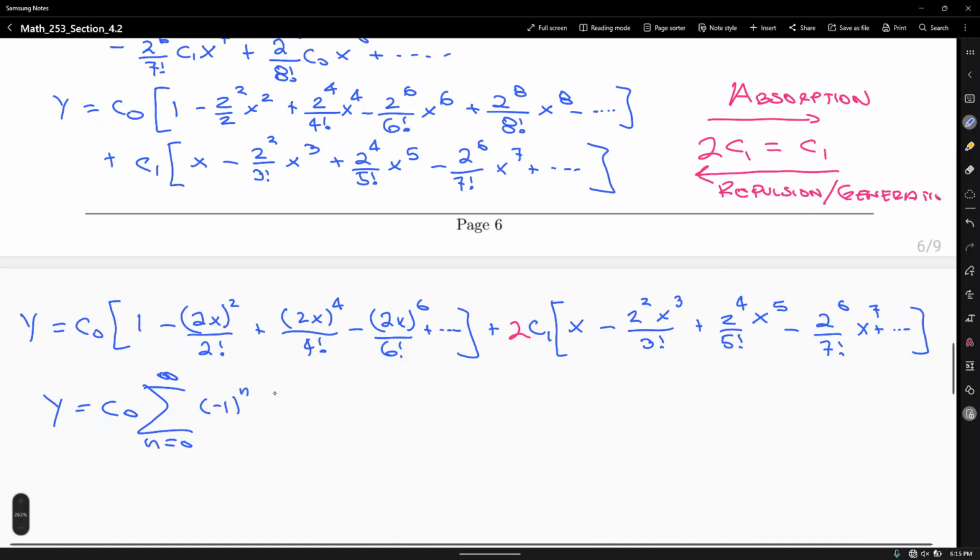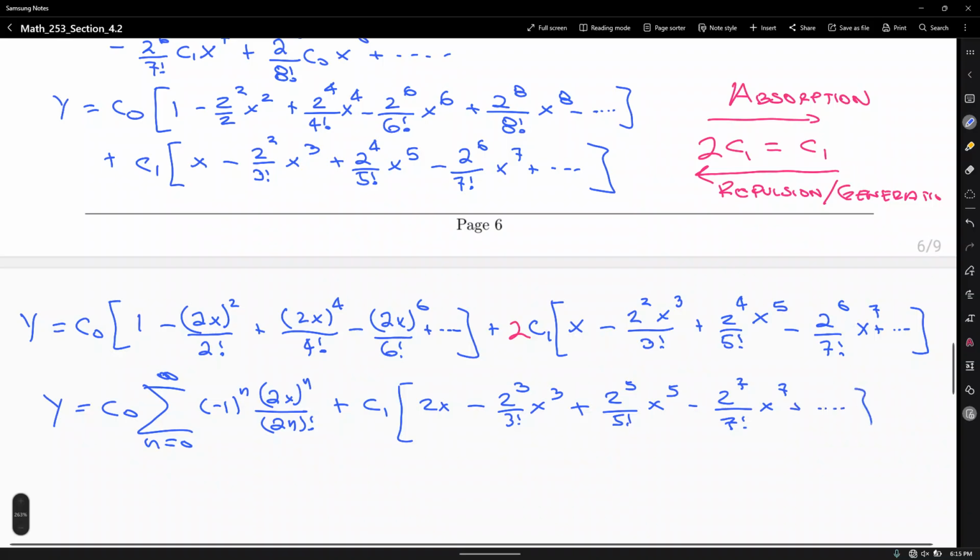Negative 1 to the n, 2x to the n over 2n factorial, plus, I still need to work here, c sub 1, 2x minus 2 cubed x cubed over 3 factorial, plus 2 to the fifth over 5 factorial, x to the fifth, minus 2 to the seventh over 7 factorial, x to the 7 plus dot dot dot.